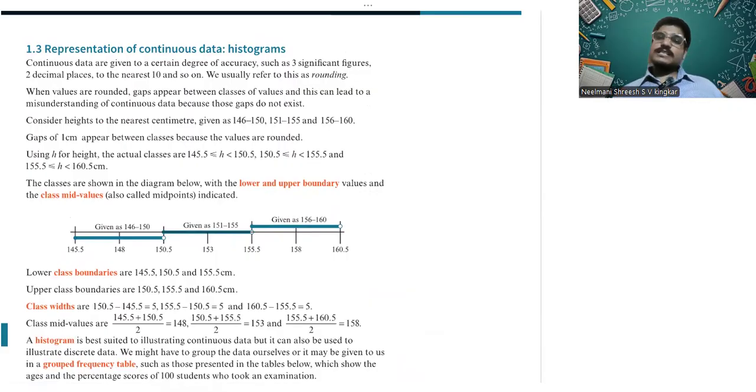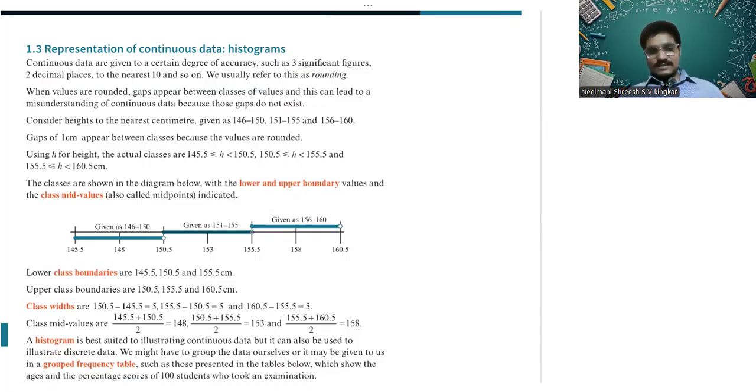Continuous data will take any value in that particular range, as precise as possible. An important idea: when the widths are equal, fine, but when the widths are unequal, the height of the class doesn't represent the correct data.